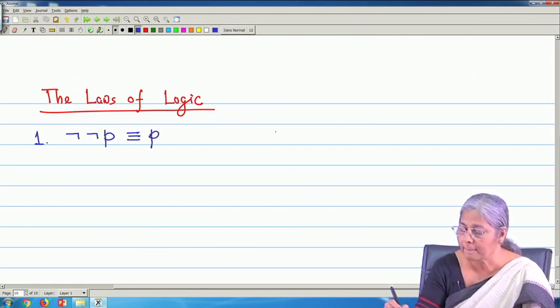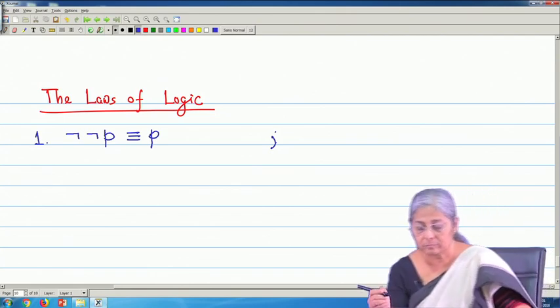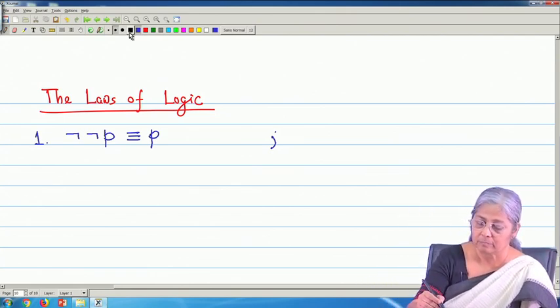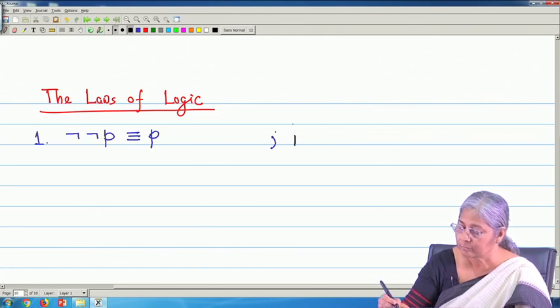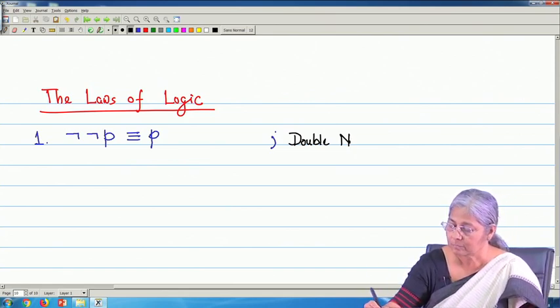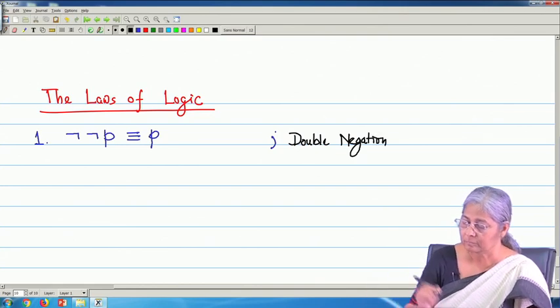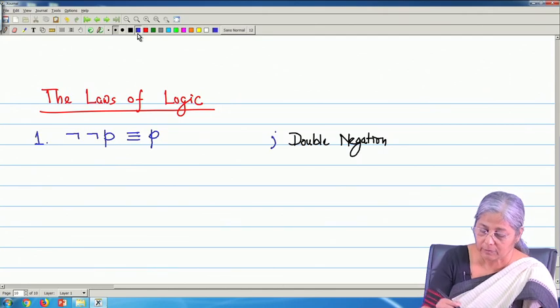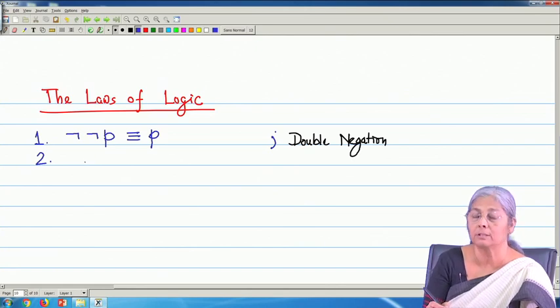We call this double negation. Already we have seen the single negation, which is nothing but De Morgan's law.